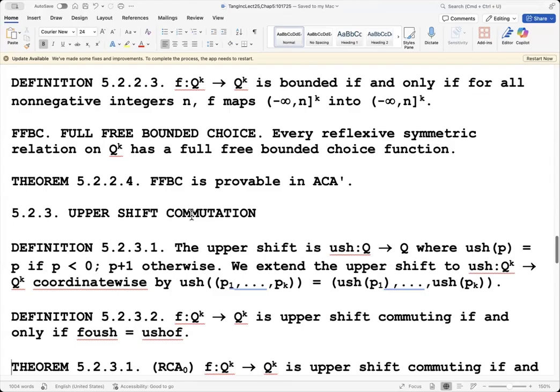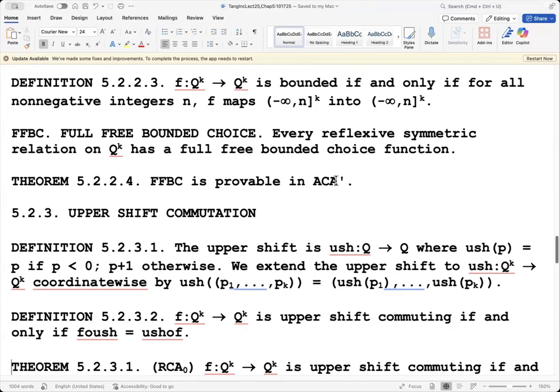So full free bounded choice says every reflexive symmetric relation on Q to the K has a full free bounded choice function. And this is proved without any use of order invariance on the relation. It's just true of any relation.